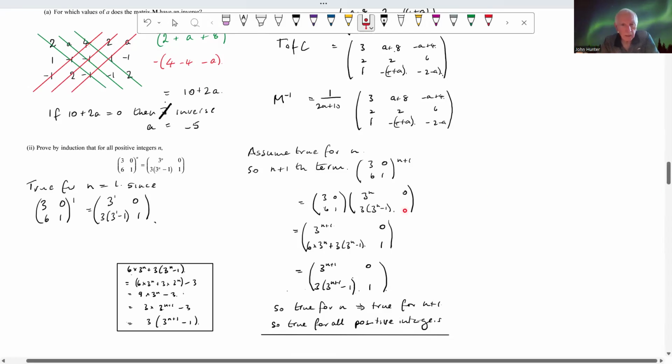We then assume that it is true for n, and so therefore the (n+1)th term, which is that, is equal to the nth term multiplied by this matrix. We're just increasing the exponent by multiplying by that.